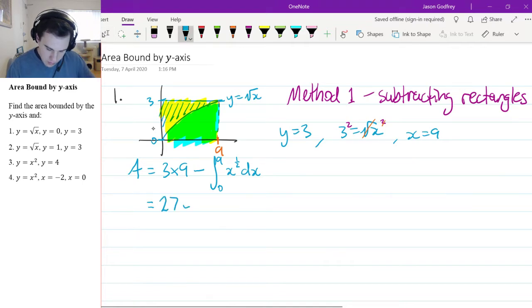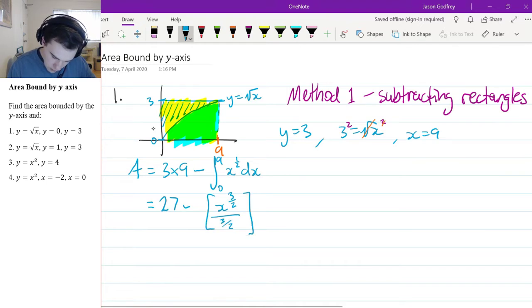27 minus, now the integral, we've got x to the power of a half. We're going to add 1 to the power, makes it 3 over 2, and divide by the new power, 3 on 2, and we're going from 0 to 9.